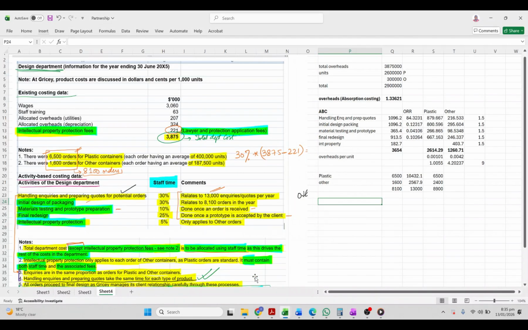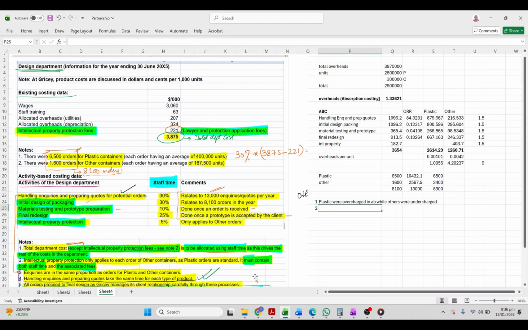So what is the analysis? The first point is that overhead of plastic were overcharged in absorption while overheads of others were undercharged in traditional absorption costing, right? Now, why this happened?